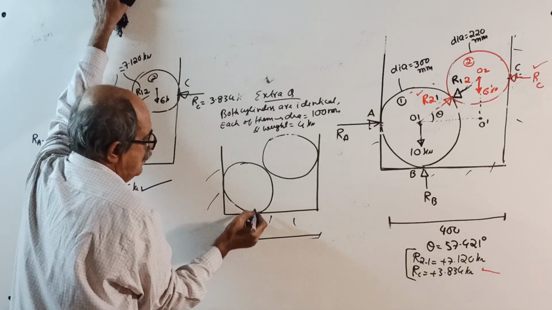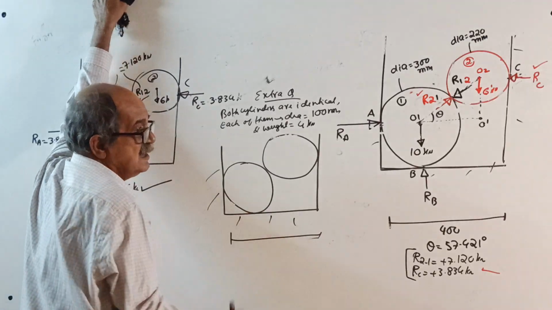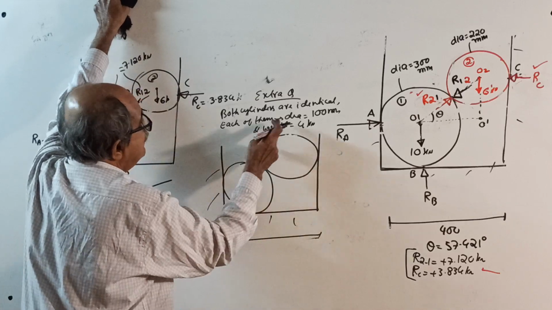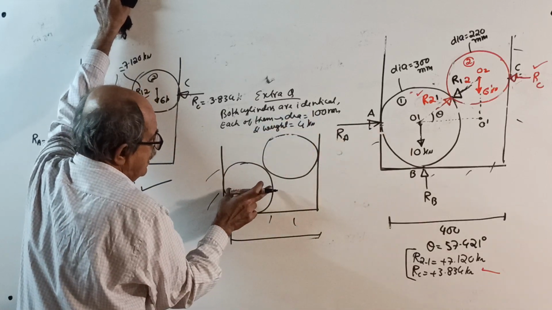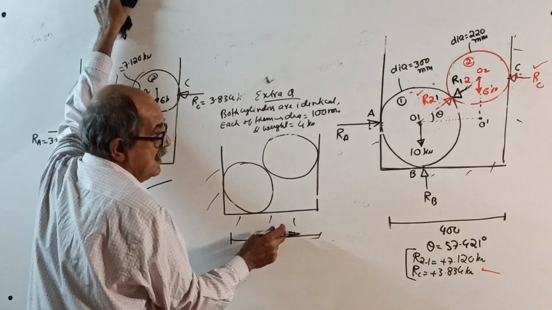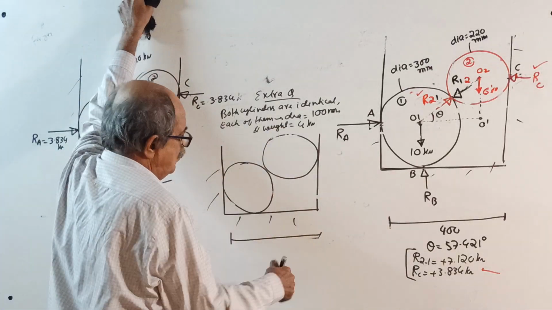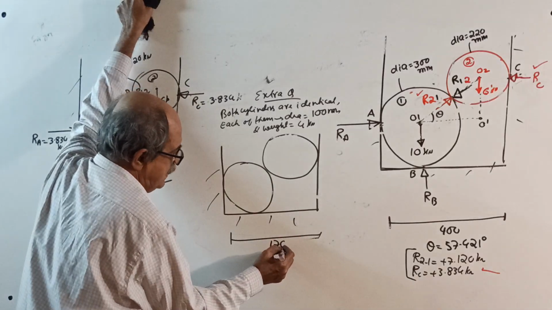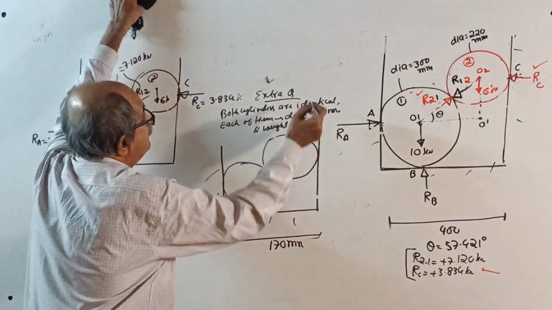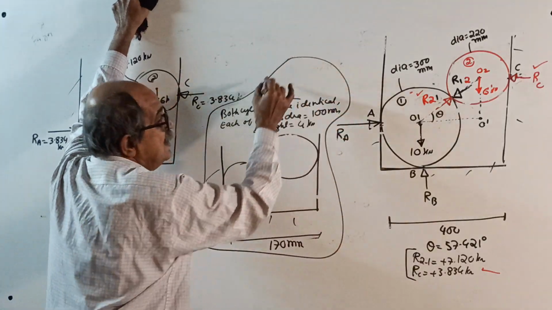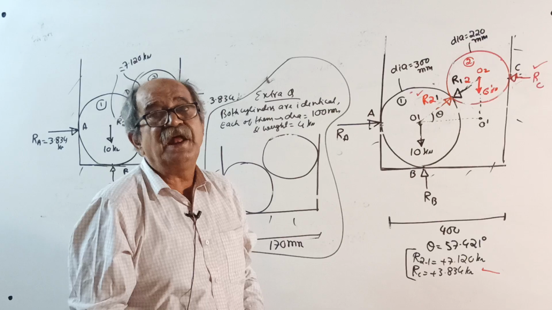Therefore, one thing guaranteed now, this reaction has to come 8 kilonewton. Over this distance I will give you. If the diameter is 100, 100 plus 100, 200, I have to give less than 200. If I give more than 200, it will fall down. 170 millimeter. This question you solve. Next class I will tell you the answer.